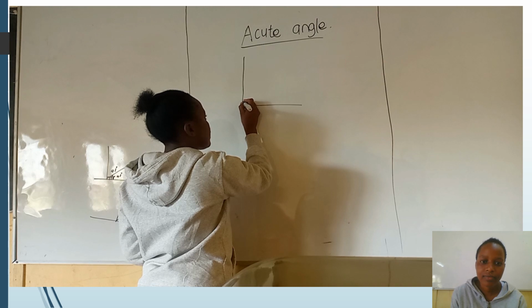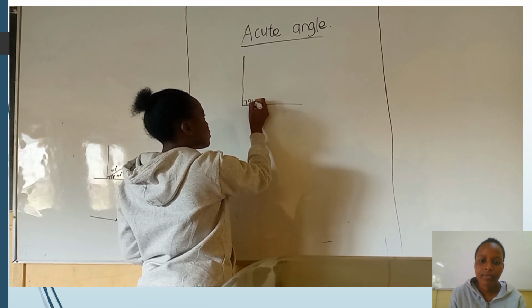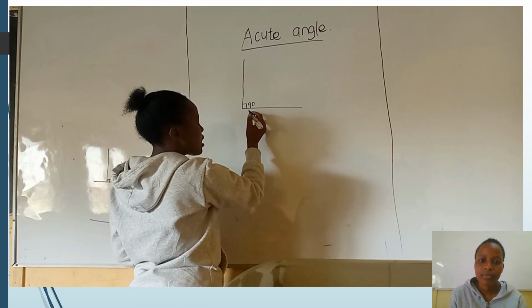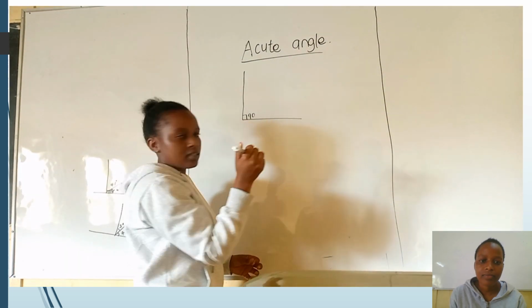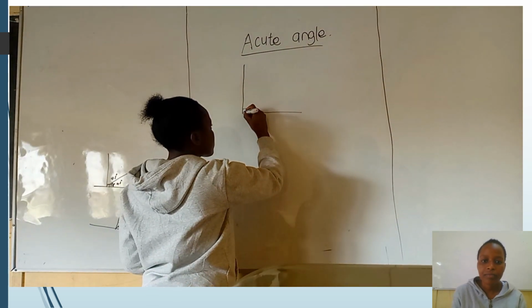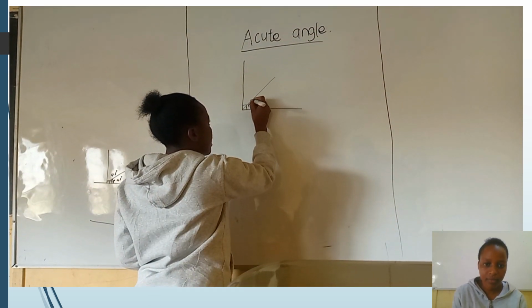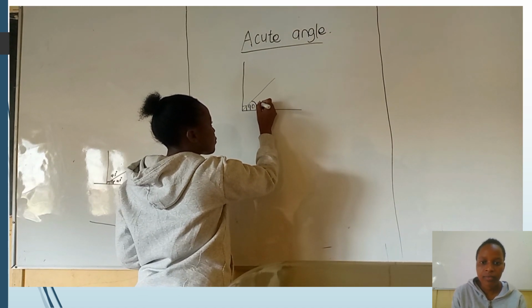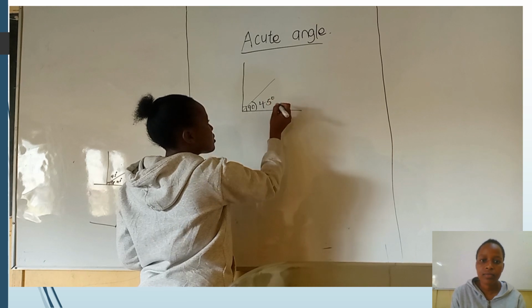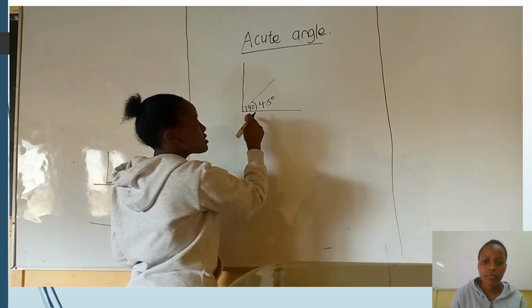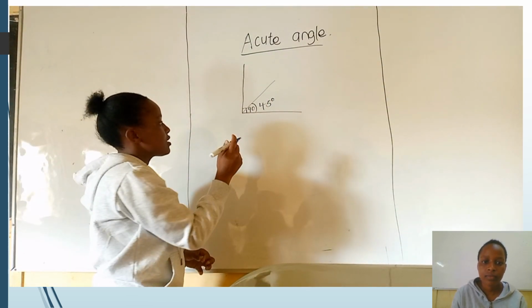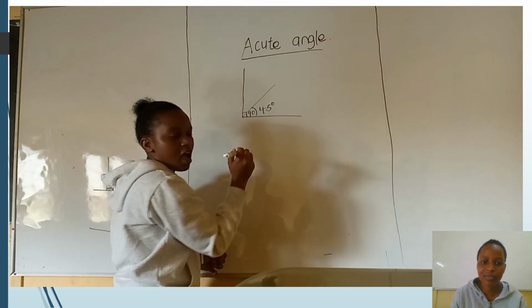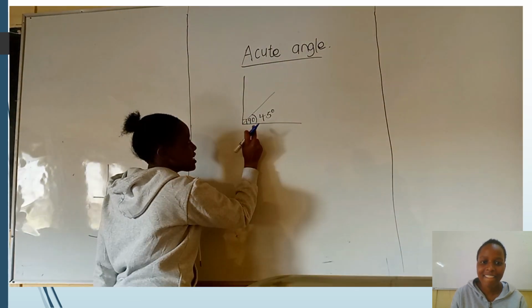This one is a 90 degree angle. So we know that an acute angle is an angle that is less than 90 degrees. So here you can take this angle to be something like 45 degrees. 45 degrees is less than 90 degrees. Hence, it's an acute angle because it is less than 90.